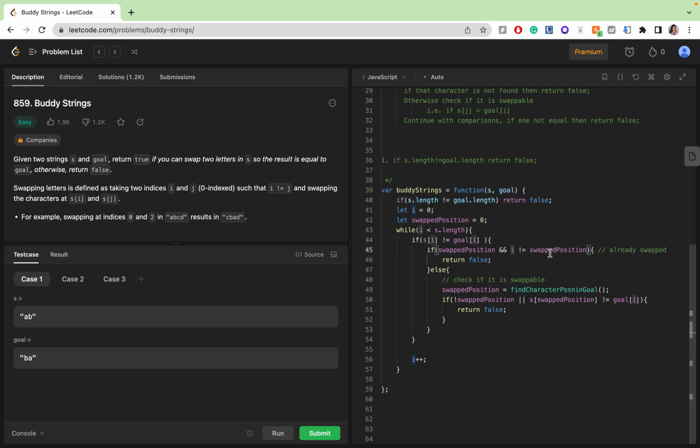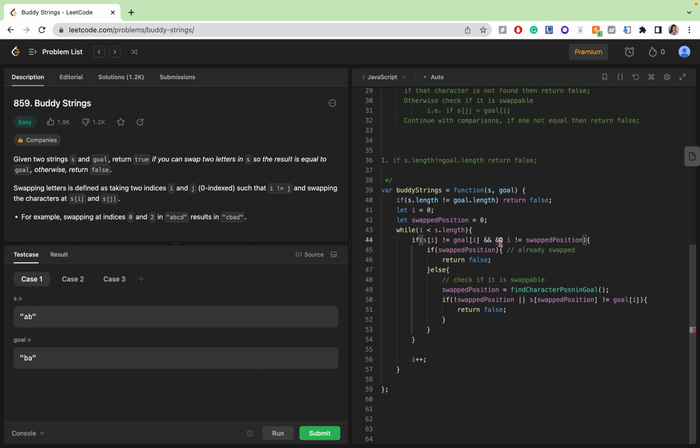So i is not equal to swapped position. Swapped position is already there and i is not equal to swapped position. I should also check this as well. I think I should check actually here only.